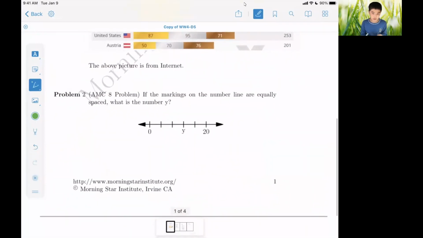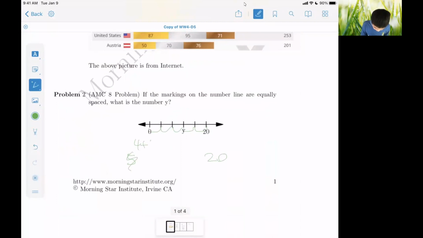Problem number 2, we have 1, 2, 3, 4, 5 segments. So 5 equal segments added together equals 20. We could see that if we add 5 fours together, we have 20.